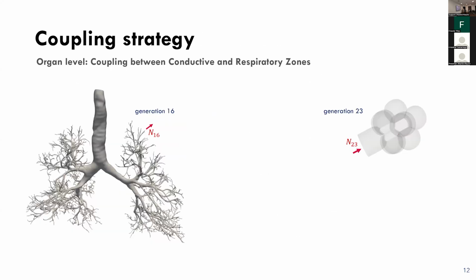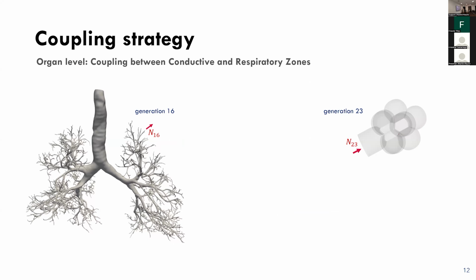Let me remark two important comments about the coupling. The first one is considering the coupling at the organ level, the conductive and respiratory zones, where we aim to globally obtain a solution starting in the trachea and ending in the alveolar sacs. As you could see in the presentation of the geometry, we theoretically reproduce this 16th generation.